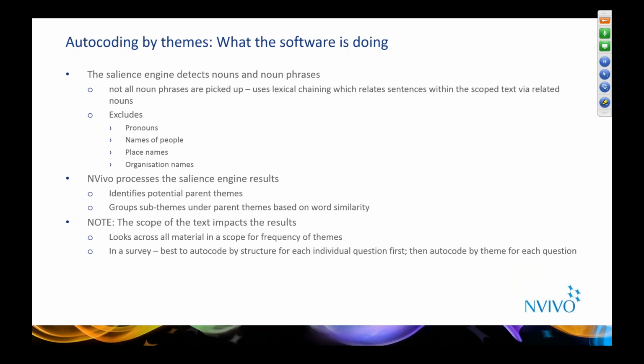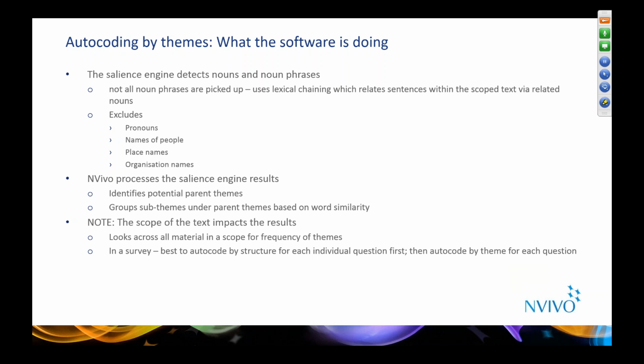It excludes pronouns, names of people, place names, and organization names. And that's what the salience engine does. Then once NVivo gets the results from the salience engine, it identifies potential parent themes. That's NVivo terminology, so that's like your broad categories, your broad topic areas, your broad themes.